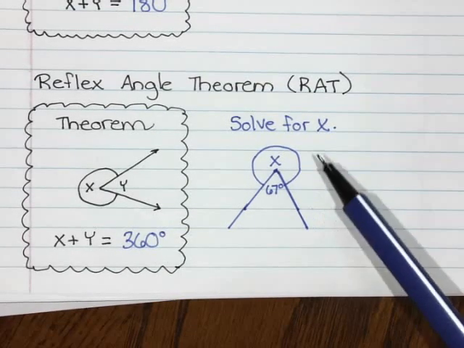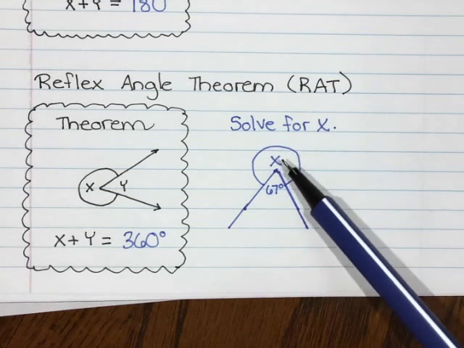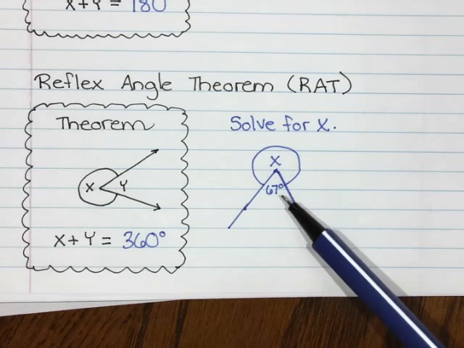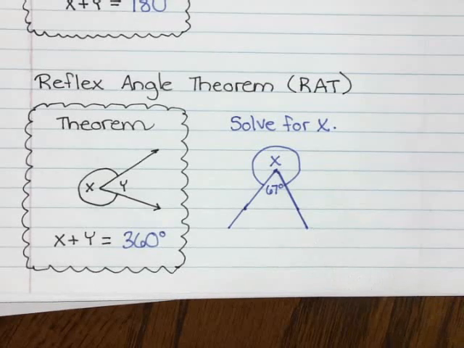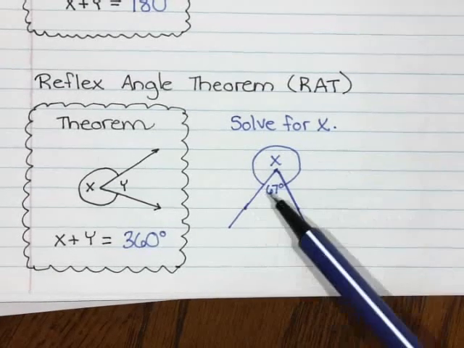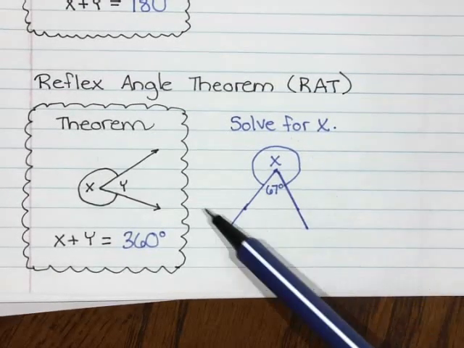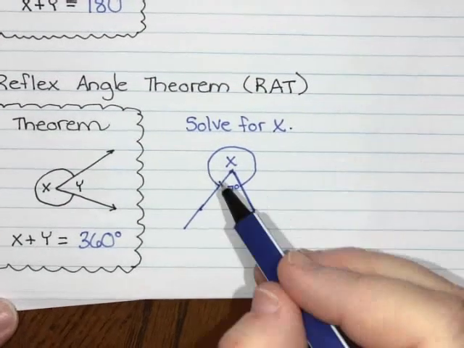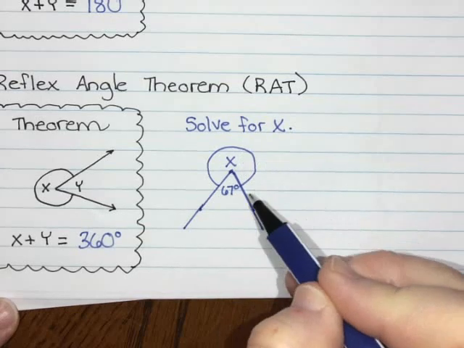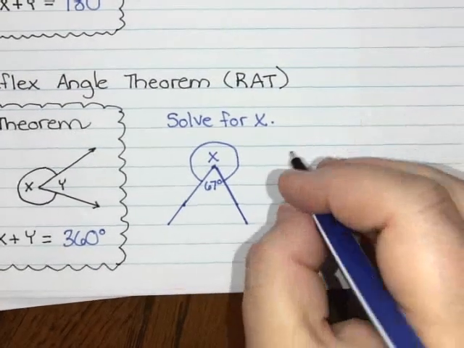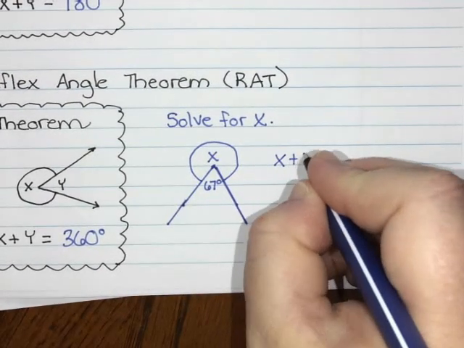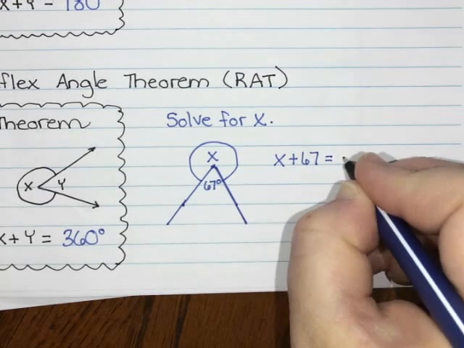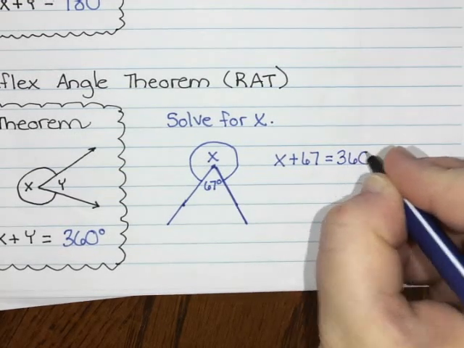So I have an example here. It says solve for x. I have x and I have 67. So how do I know that I'm seeing a reflex angle? Basically, we're looking at a full circle. We're going all the way around. So I do notice this giant thing on the back. That's usually a bit of a clue. So I'm going to say that x plus 67 equals 360 degrees.